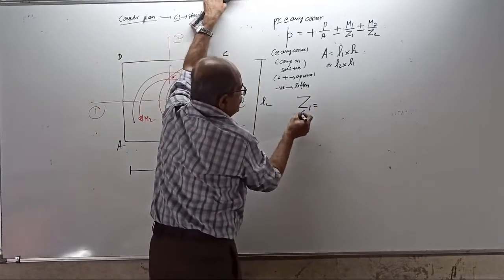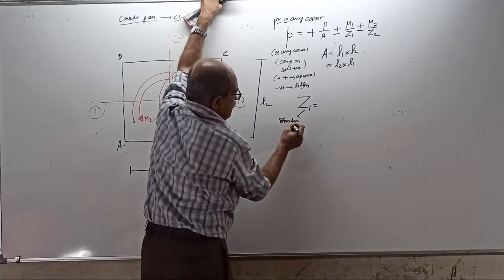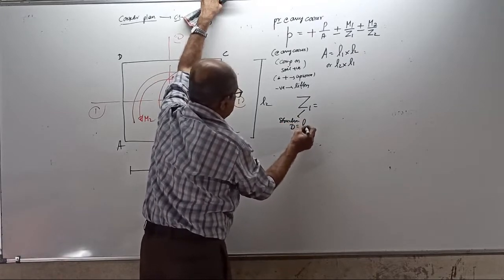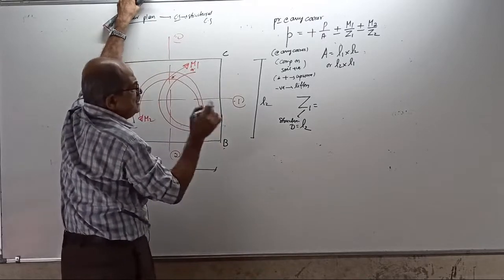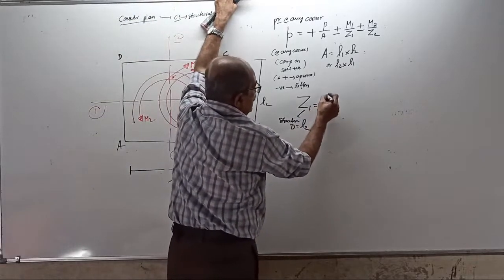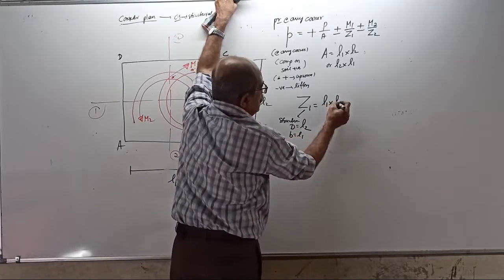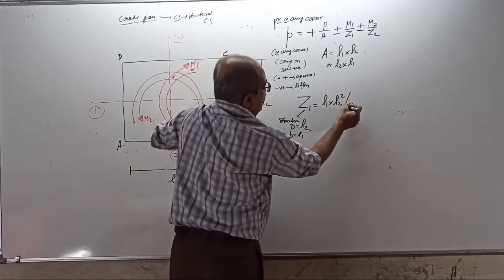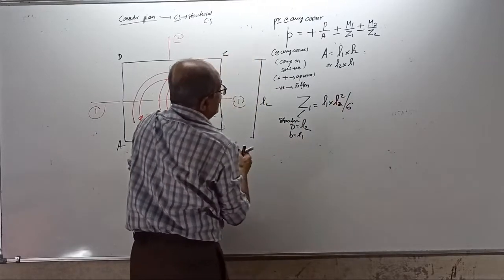So for this M1, the structural depth is L2. Therefore Z equal to, with structural breadth equal to L1, L1 into L2 square by 6. L2, be careful.